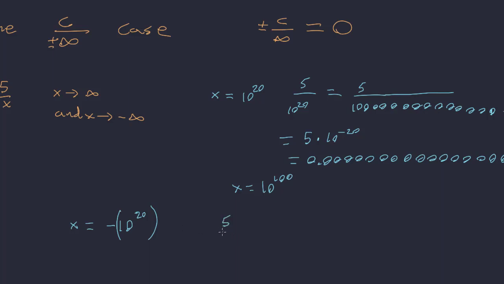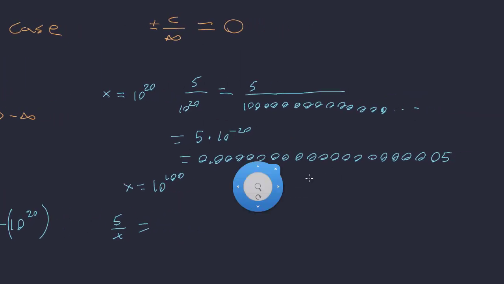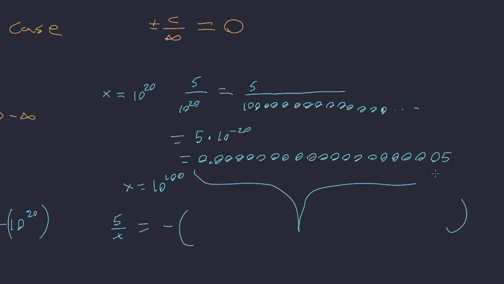Our 5 over x is going to be this same number here, just negative. Well, that is still extremely close to 0. In fact, any sane person already would go ahead and round these guys to 0.